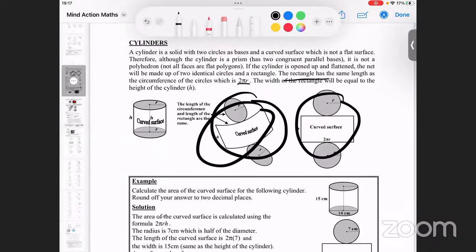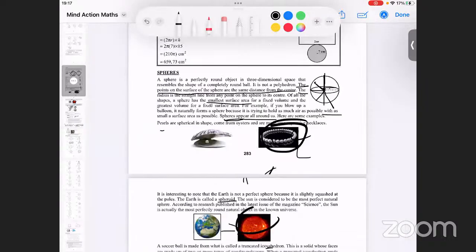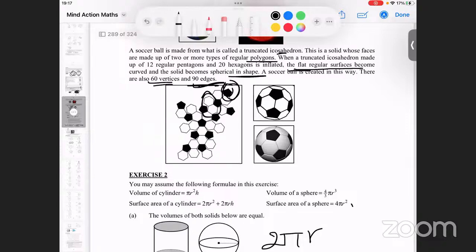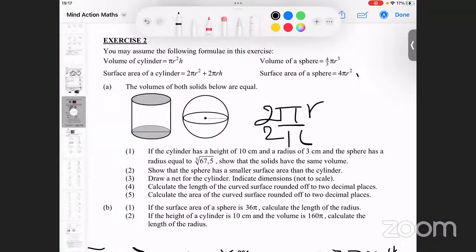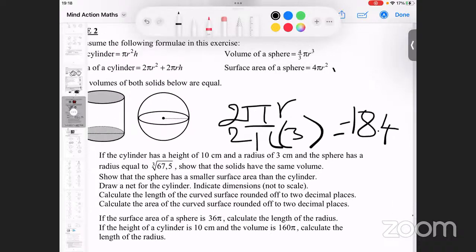They said the rectangle has the same length as the circumference, which is 2 pi r. So our answer is going to be 2 pi times 3, which is equal to 18.849.